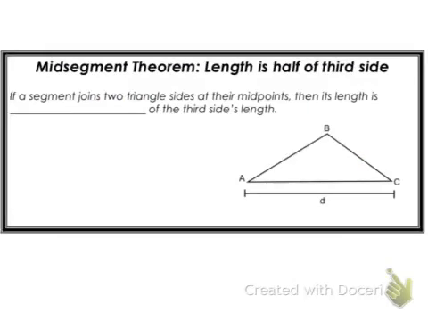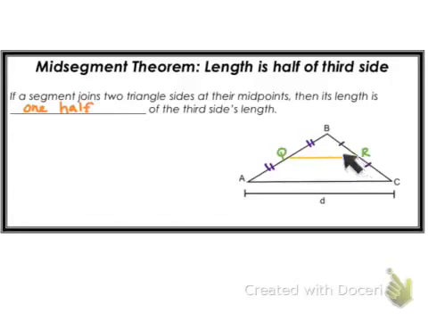Now another property of a midsegment is that if you have a segment that joins two triangle sides at their midpoints, then its length is half of the third side. So if we know that AC has a length of D, whatever that is, it stands for distance, and we draw a segment connecting AB and BC. Now if we know that Q and R bisect AB and BC respectively, we know that QR is the midsegment.